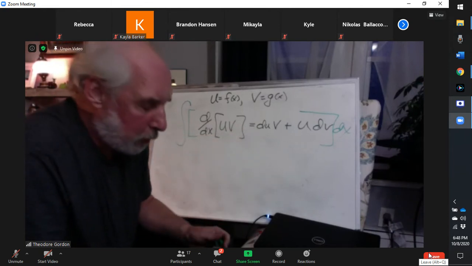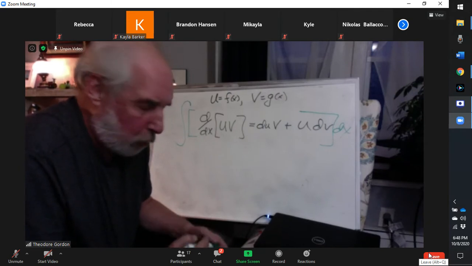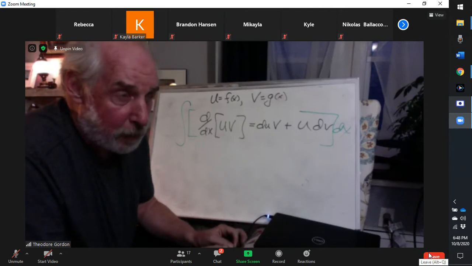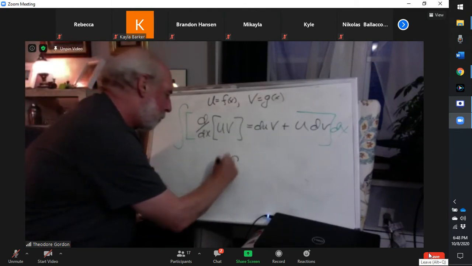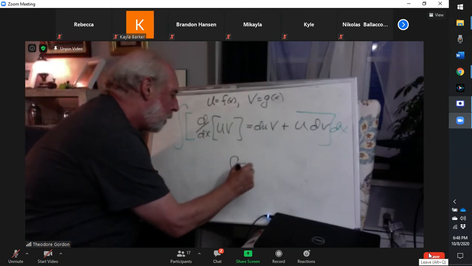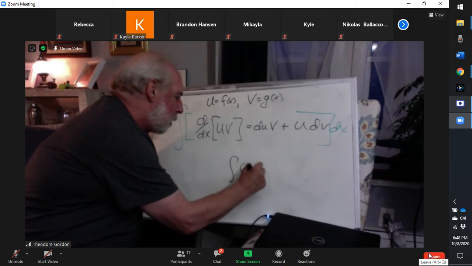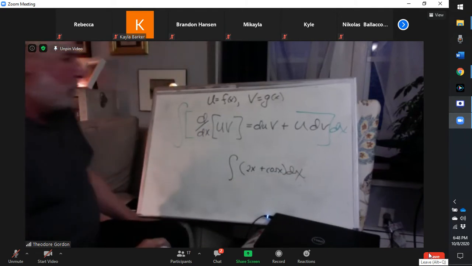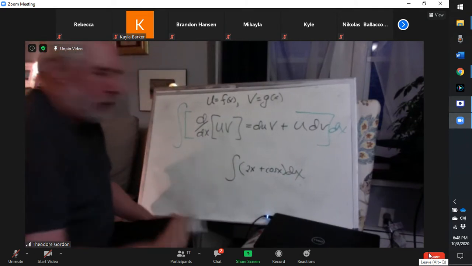So I used the term linear operator. Don't write this down, I just want to give you an example. A derivative and the integral are linear operators. If we integrate 2x plus cosine x dx, you probably do this in your head.